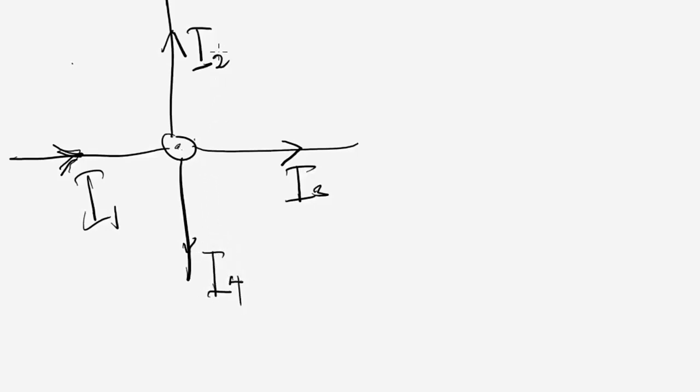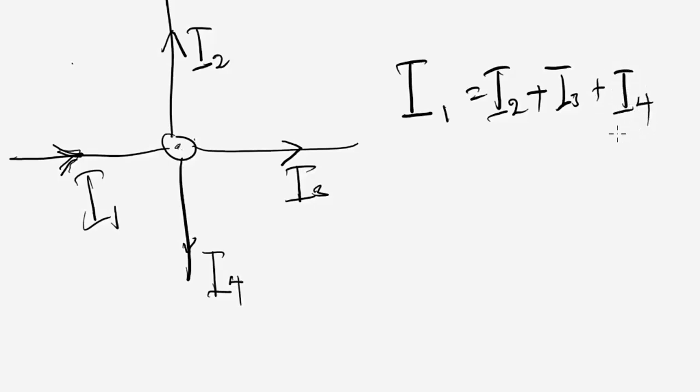Now, if we have something like this, according to Kirchhoff's first rule, we can say that I1 is equal to I2 plus I3 plus I4. So this is simply what you get.